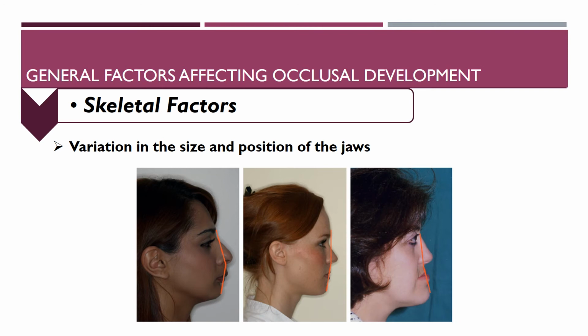the development of a skeletal class 2 or skeletal class 3 relationship may result. In the diagnosis and problem list evaluation, after clinical and radiographical examination of the patient, firstly we should name the skeletal pattern of the patient. Either skeletal class 1, skeletal class 2, type 1, type 2, type 3, or skeletal class 3, as well as type 1, type 2, type 3.